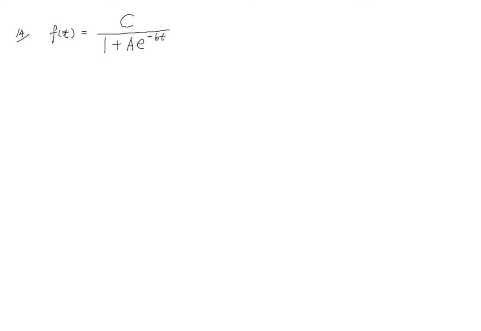Okay, so the first part of the question, they ask us to find the y-intercept. So y-intercept means you put t equal to 0, correct? So f(0). So c divided by 1 plus a e to the power of 0.